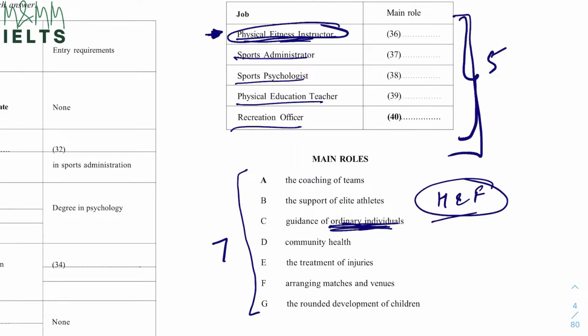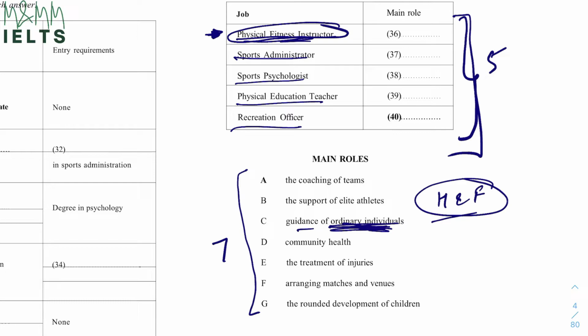Also, they mentioned preparing individual programs for ordinary members of the public. So ordinary members are simply ordinary individuals, which is the same thing. It says guidance, and in the audio they said preparing individual programs for ordinary members, which simply means it is for the guidance of ordinary individuals.